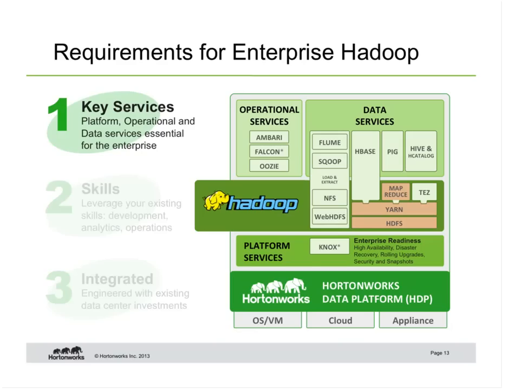It also must have key platform services, meaning it must provide security and high availability and disaster recovery and upgradability and cross-functional services so that the operators of the system can rely on it, so enterprises can rely on this infrastructure as they're loading their data into it.